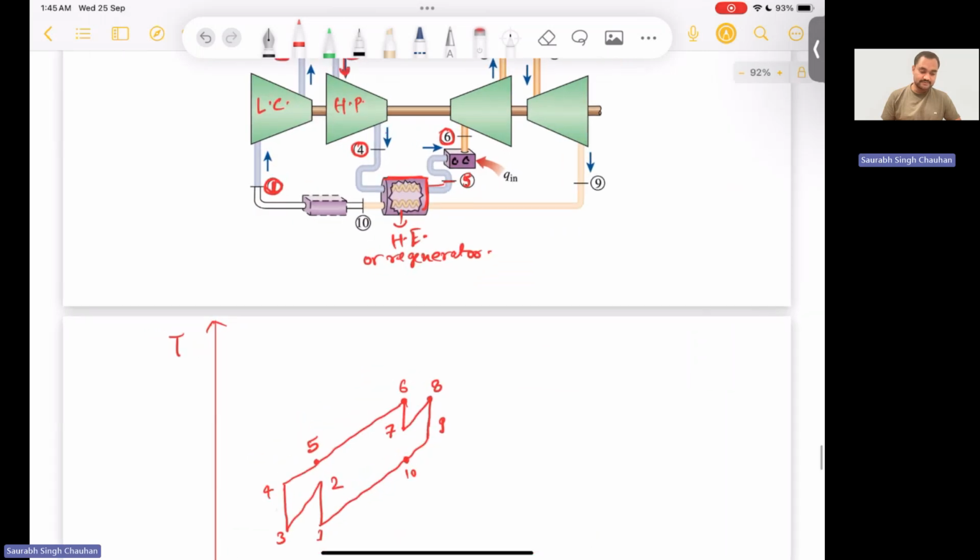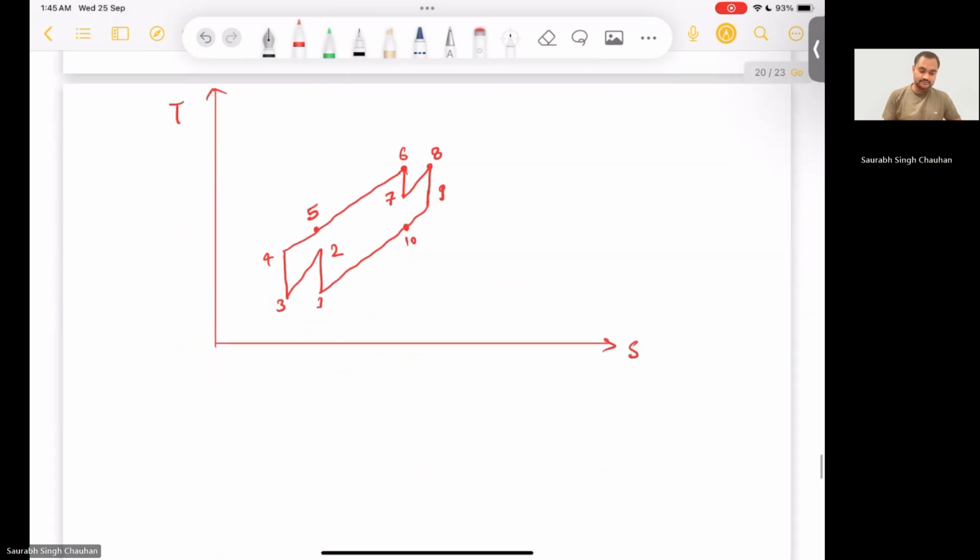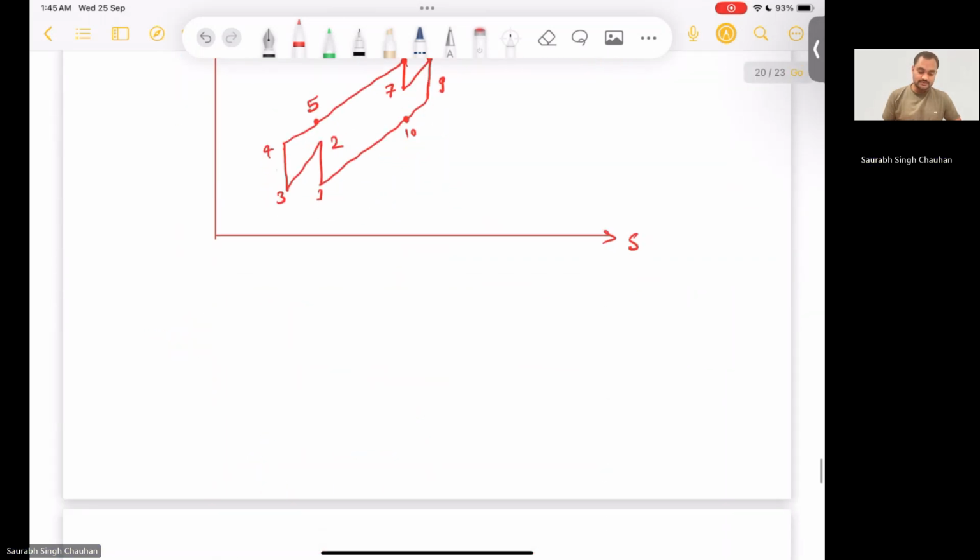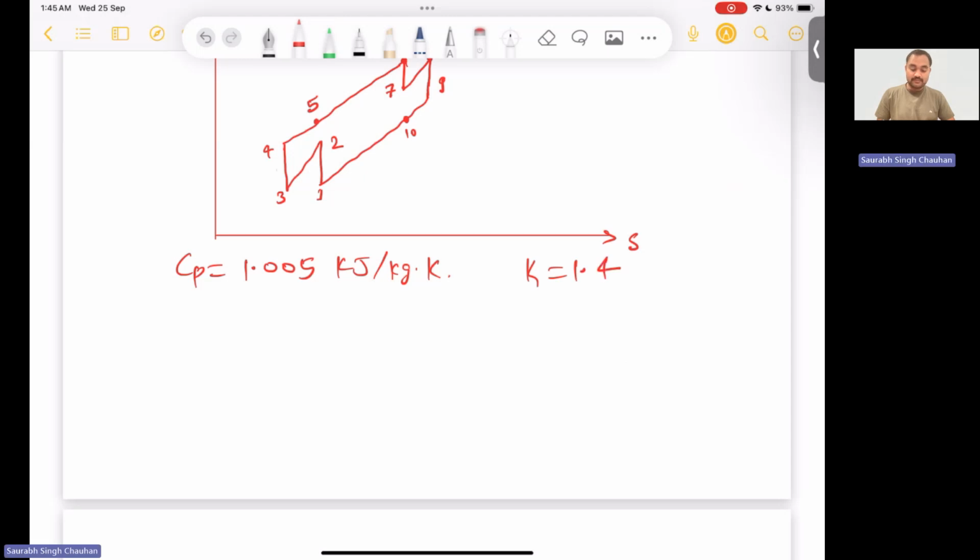So let us begin. Properties of air, we will require them a lot: Cp is equal to 1.005 kilojoule per kg Kelvin, and k or gamma is 1.4.